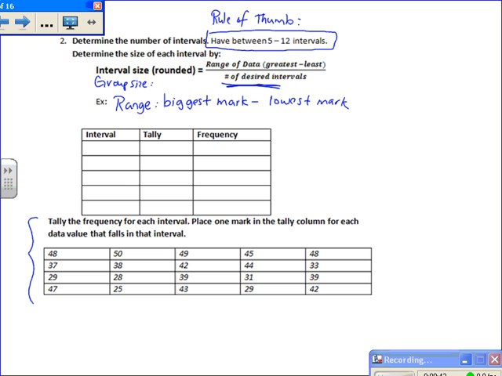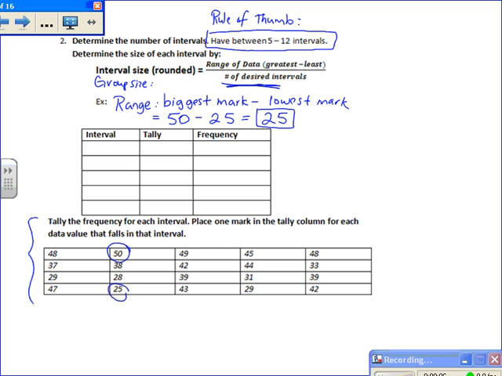If I look at my data scores, 50 out of 50 looks like the biggest mark, and the lowest mark that I have is 25. So 50 minus 25 is equal to 25. My data ranges by 25 marks.